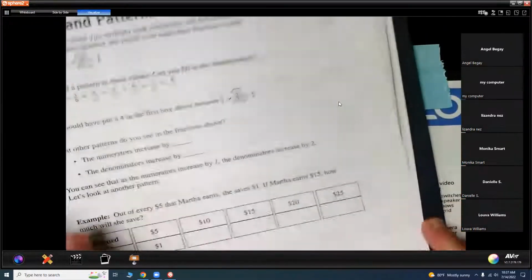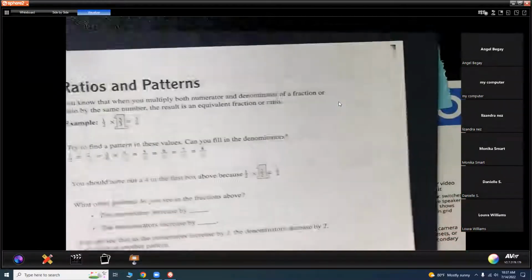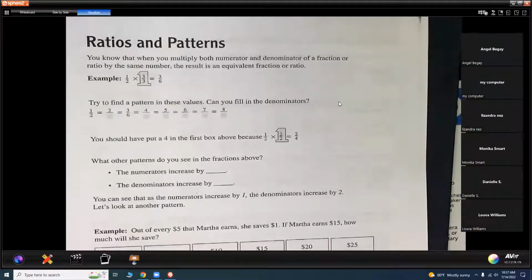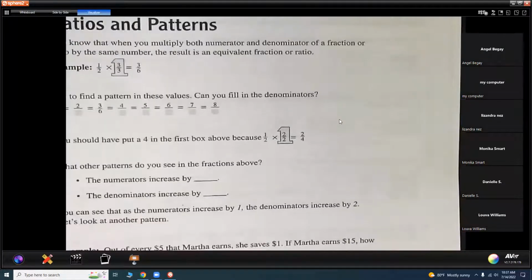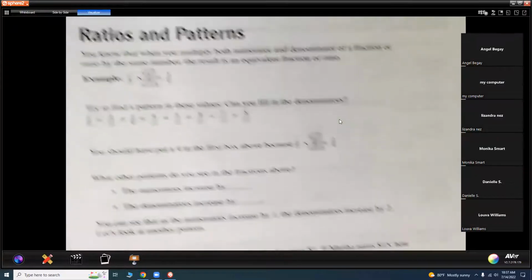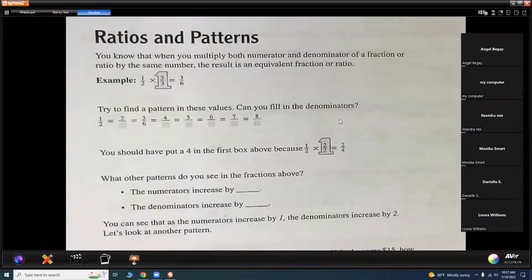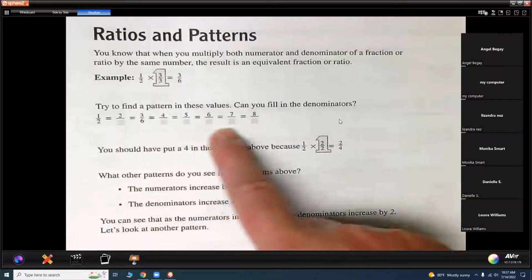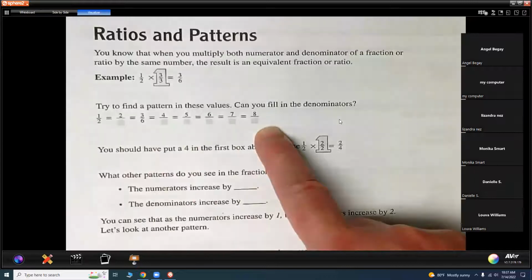Excellent. Okay. So I think we saw this before, and once again, this is just getting us in a good mathy headspace. I'm pretty sure that's the technical term. So we can see with our ratios, there's patterns here. Can you guys figure out the pattern for the denominators here?